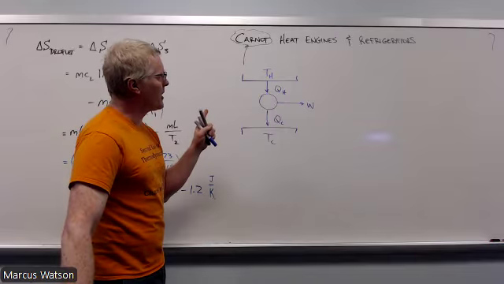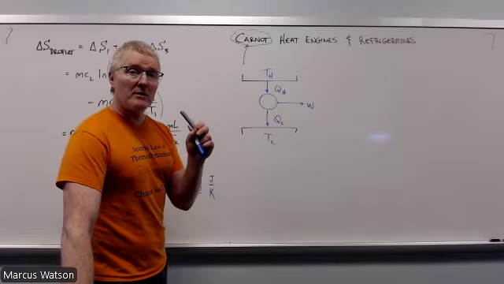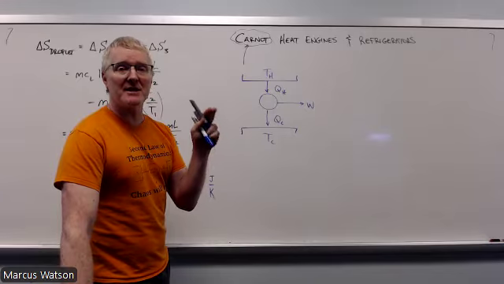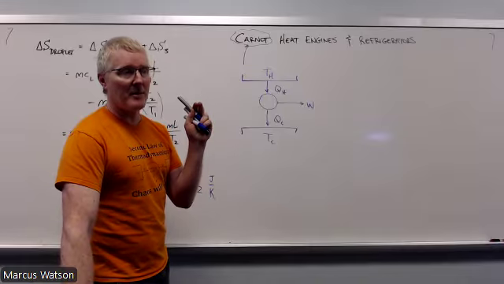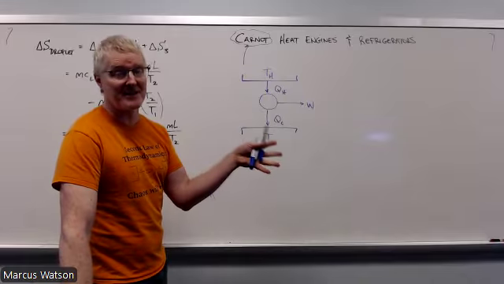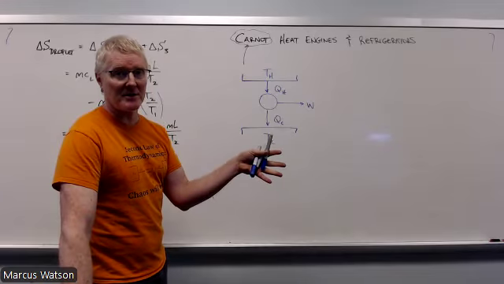The word Carnot means that we are operating at the best possible efficiency that there is, okay? Remember, the best possible efficiency that there is is not 100%, because that's not even attainable according to the Carnot cycle.